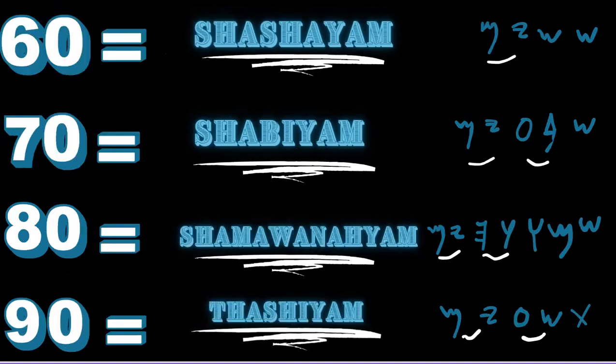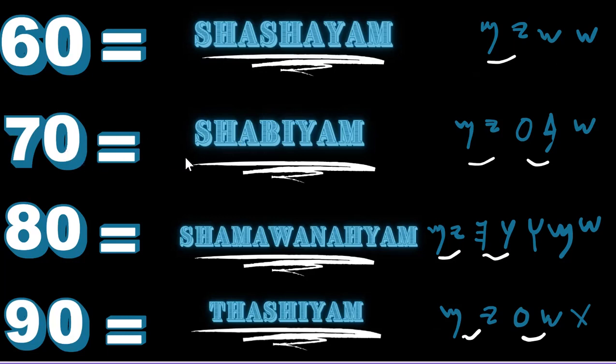We got 60, and 6 is Shasha, so 60 will be Shashayim. And 61 will be Achat Shashayim. 62 will be Shania Shashayim. 63 is Shalash Shashayim. 64, Arabai Shashayim, and on and on. 70, 7 is Shabai, and Shabayim makes it 70.